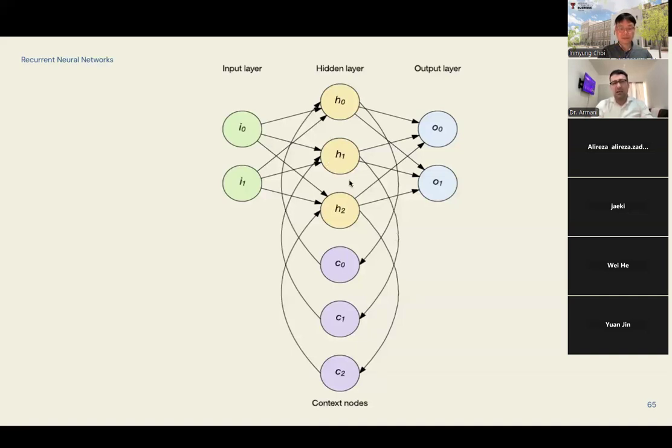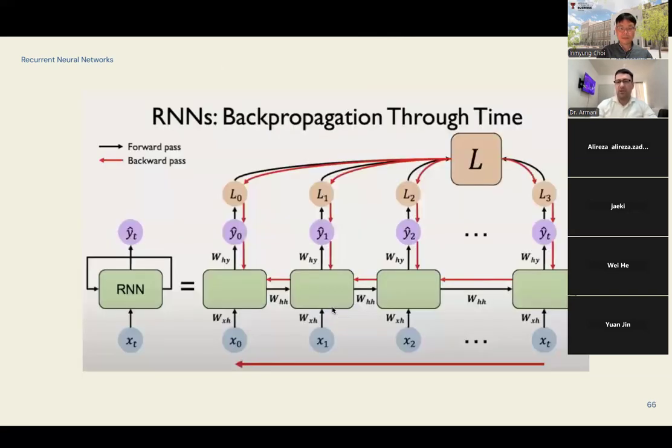This is called an Elman network. In each step, we store the values of the hidden layer into some context nodes, some kind of memory. In the next step, the values of the memory are fed into the hidden layer, along with the new input values. So we have some kind of memory here.